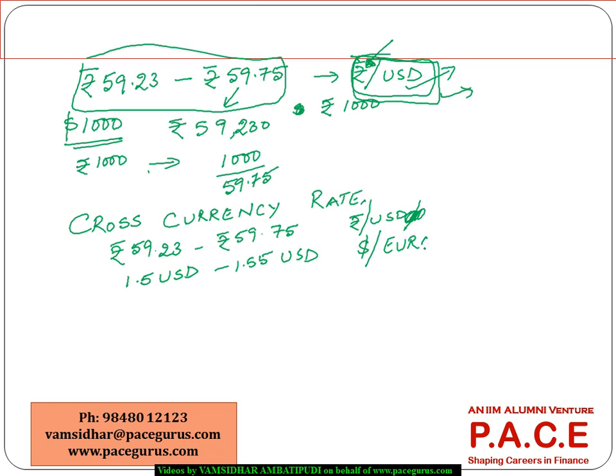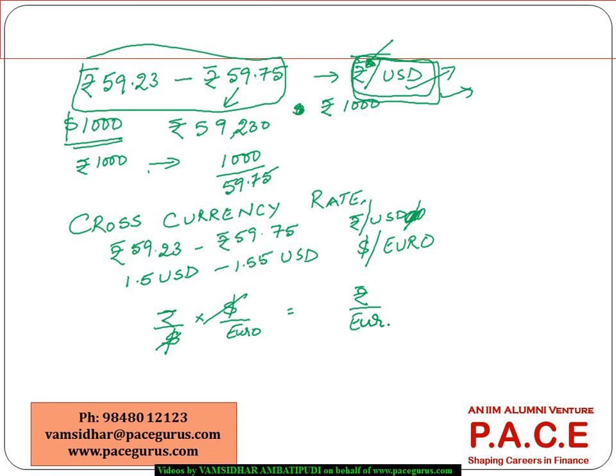Now when I am looking at cross currency, once there is a rupee to dollar and I have dollar to euro, when I am multiplying these two, the dollar is getting cancelled off and it is coming out as rupee to euro.